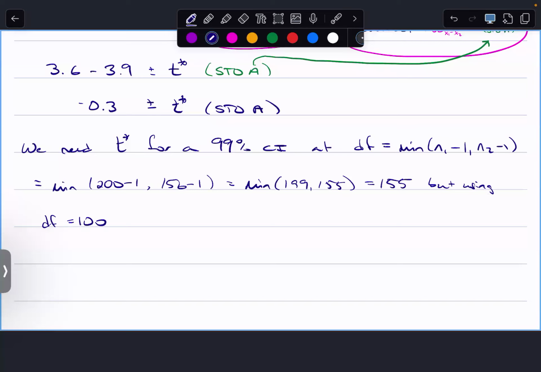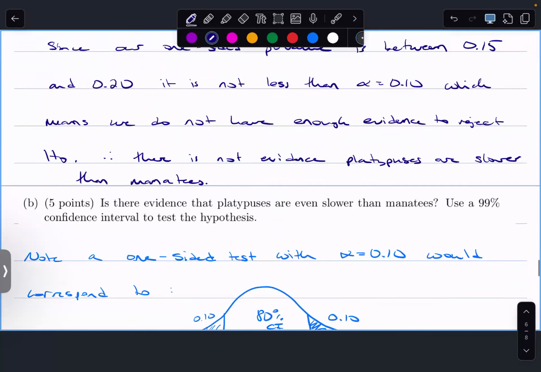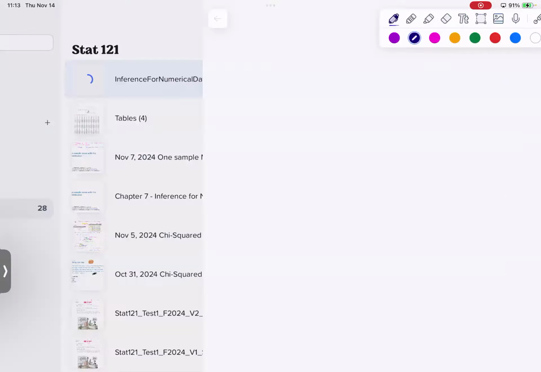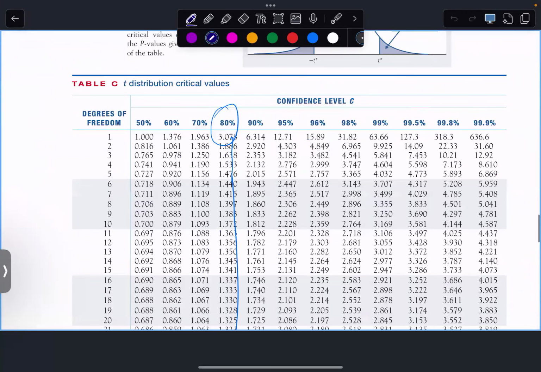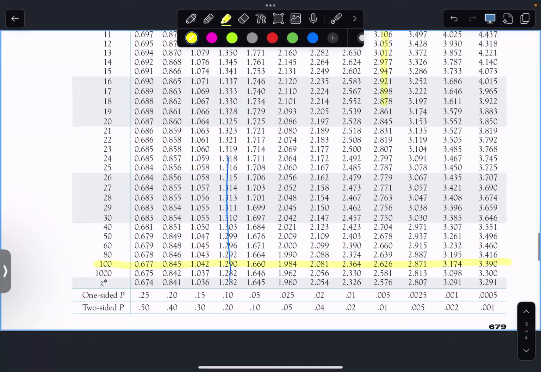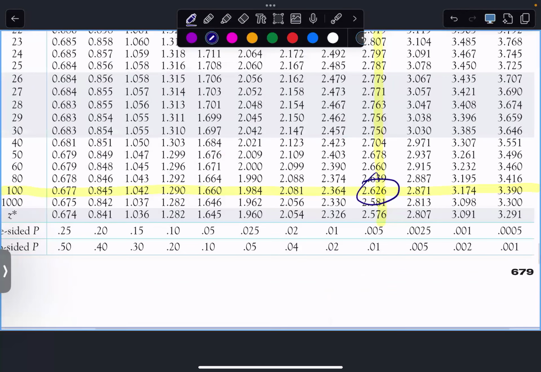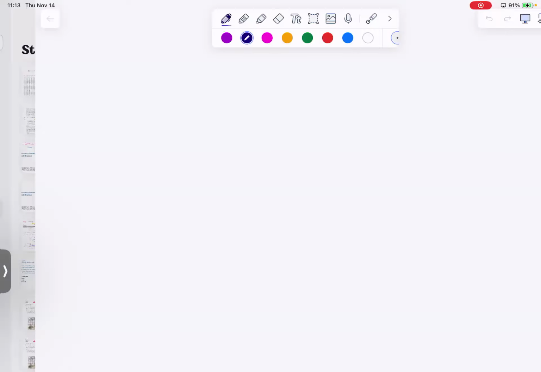So then t star from the table, I don't want the 80%, I want the 99% confidence interval. So my t star at 100 degrees of freedom is 2.626.